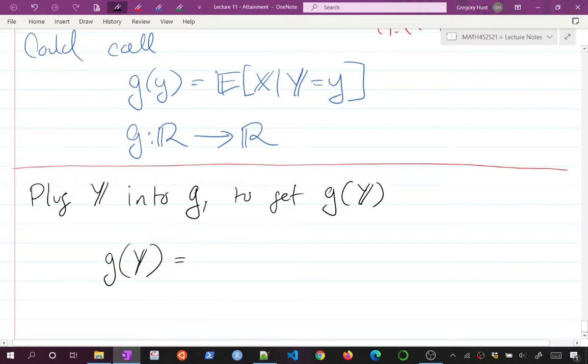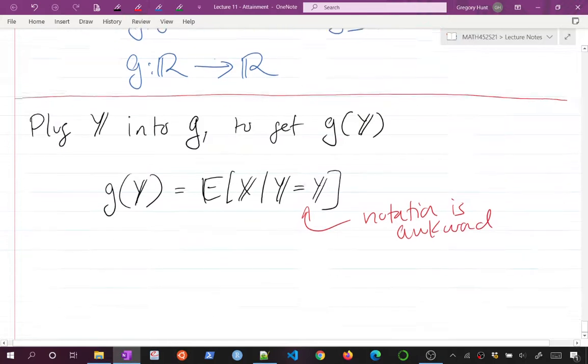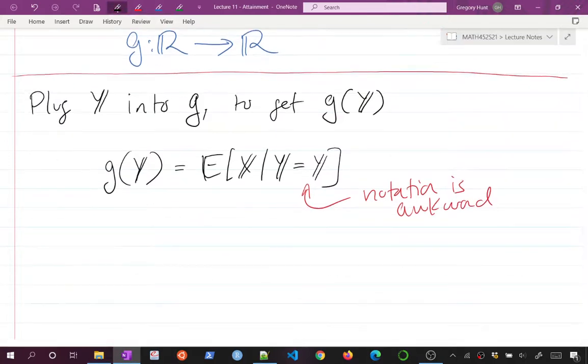Now, g of little y is the expected value of X given Y is equal to little y. So instead of plugging in little y, we're tempted to plug in capital Y. We don't like this notation. This notation is awkward. And so instead we say expected value of X given Y, like that.